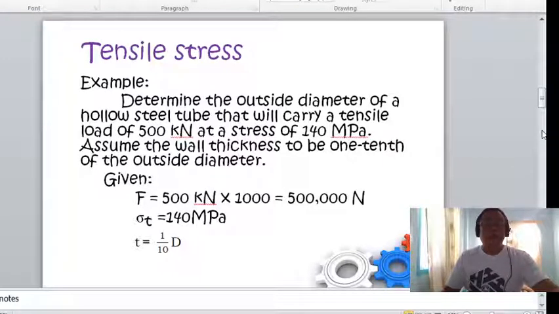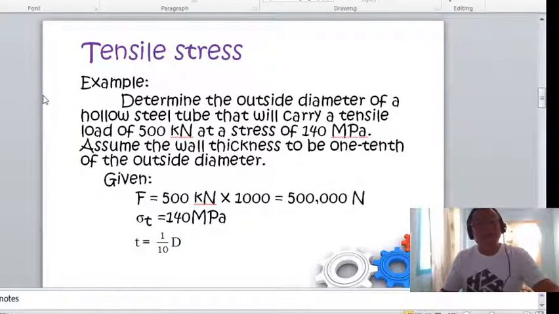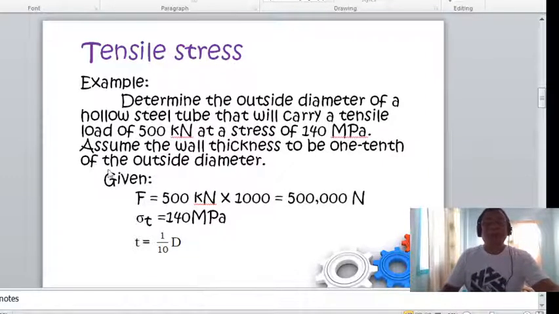Take note, class, since the given load is in kilonewton and the stress is in megapascal, we have to change the 500 kilonewton to newton, that is 500,000. Automatically the thickness of the material here is in millimeter.